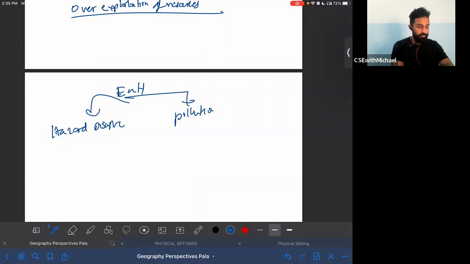Environmentally desirable. It seeks to identify what is environmentally desirable. What are the physical, economic, and technological constraints to achieving that?